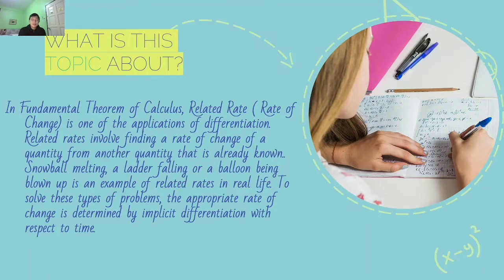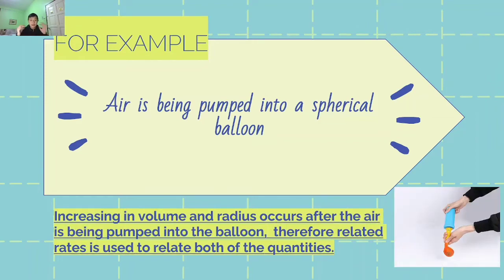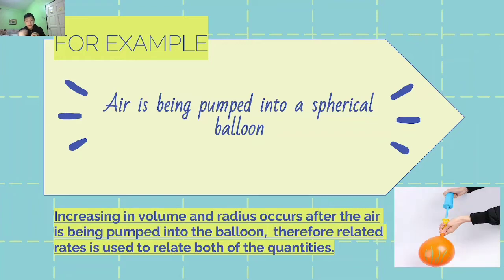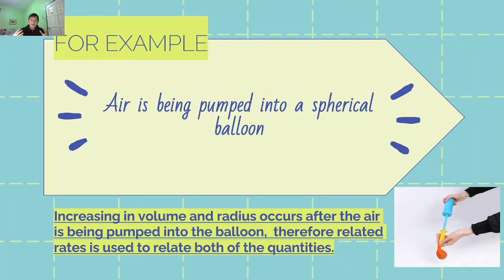To solve this type of problem, the appropriate rate of change is determined by implicit differentiation with respect to time. For example, air is being pumped into a spherical balloon. Increasing in volume and radius occurs after the air is pumped into the balloon. Therefore, related rates is used to relate both of the quantities.